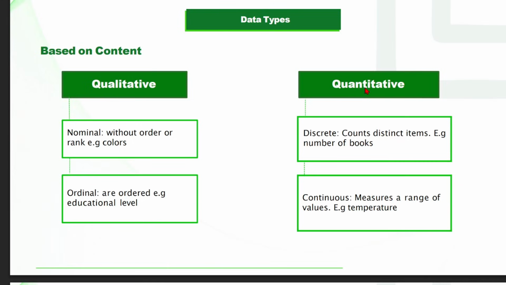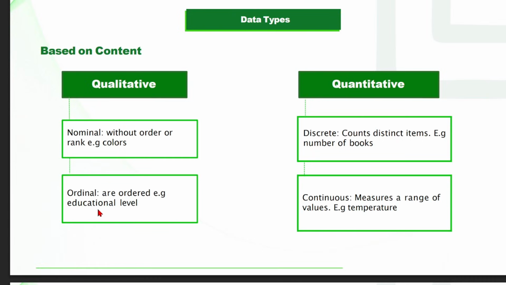Of course, we've stated before that quantitative is anything made up of numbers, like quantity, that you can measure. Qualitative is any of the qualities that make up the data, like the column. In qualitative data, we have two types, the nominal and the ordinal. Ordinal data are ordered.